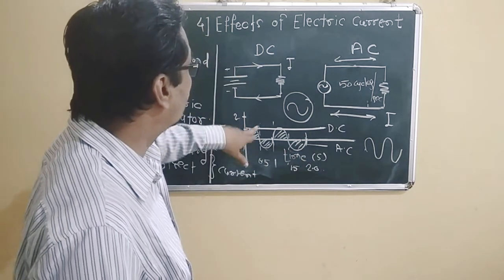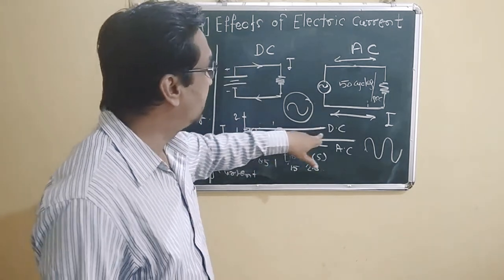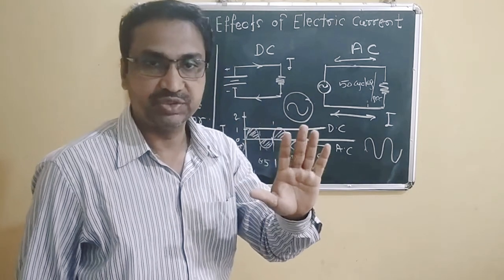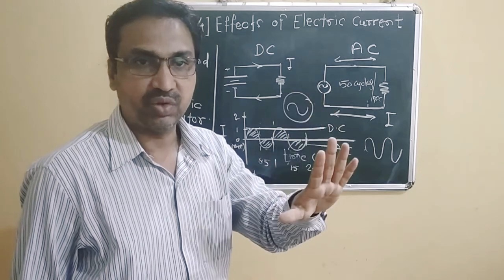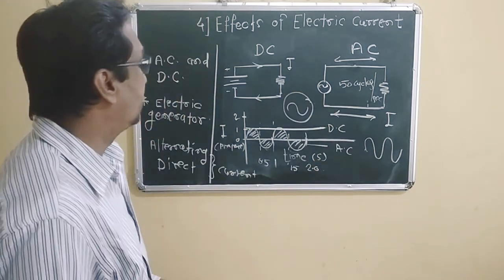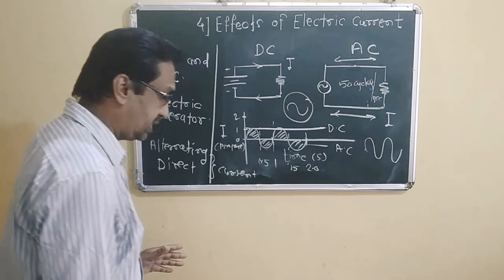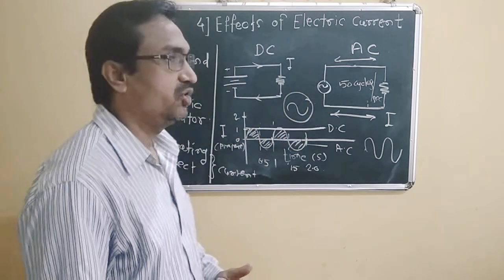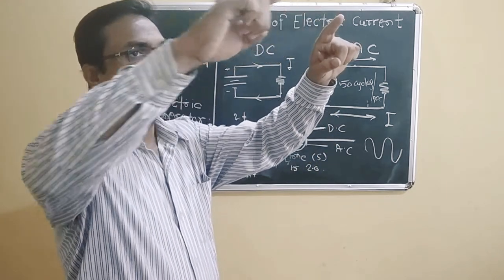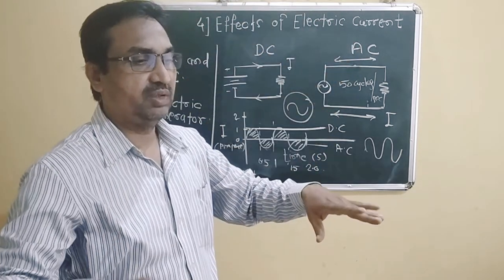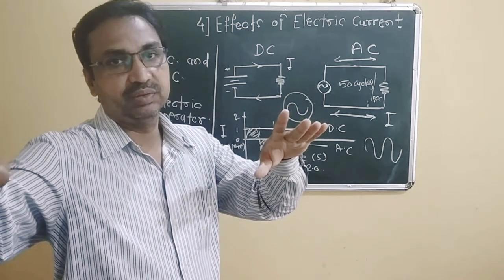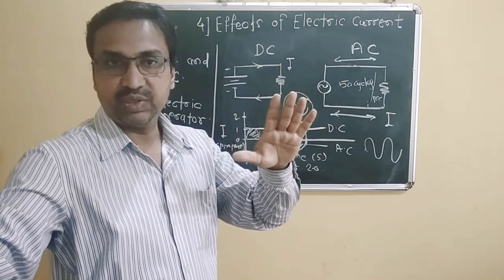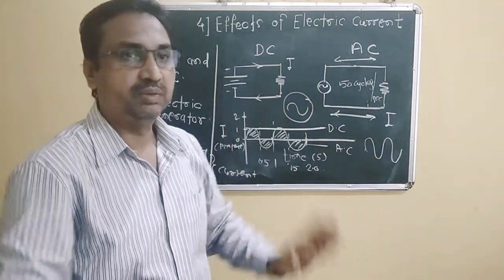But direct current is unidirectional. It does not fluctuate. There is no oscillation. It can increase the value of current, it can decrease the value of current, or it may be stable.